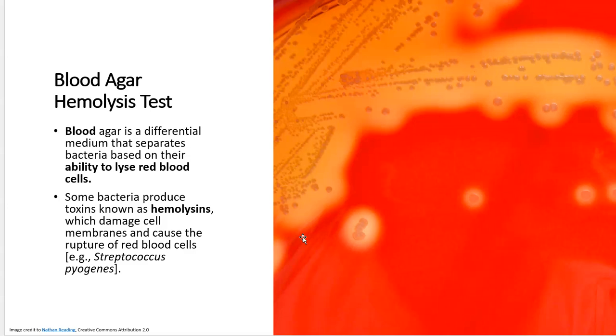This is the bacteria that causes strep throat, but it has what we call a beta hemolytic activity, which means it can completely destroy red blood cells. So when you put it in blood agar, the bacteria here destroy the red blood cells all around, and you get this clear halo that forms around the bacteria where the red has been destroyed by the hemolytic activity.